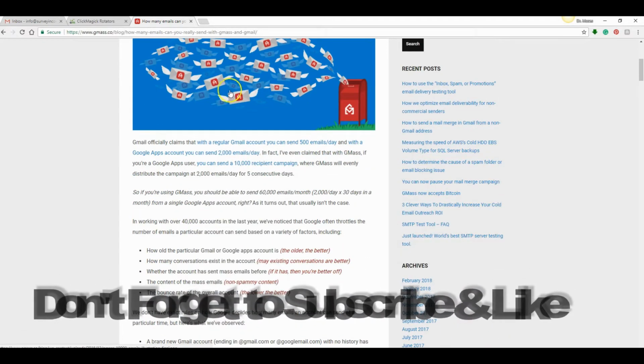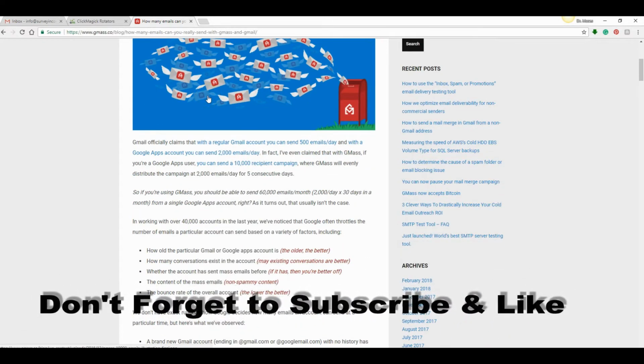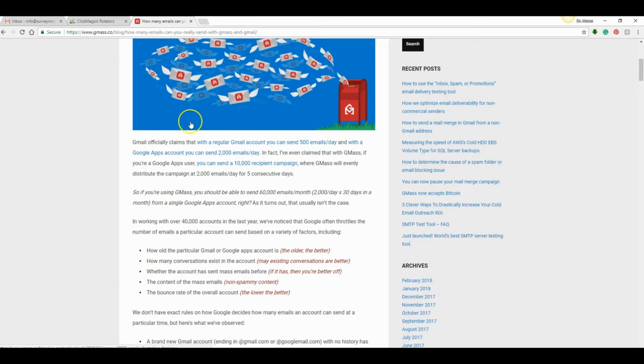Now, there is speculation that you can send about 500 emails per day from a regular Gmail account. And with Google Apps, that is G Suite, you can send up to 2,000 emails a day.